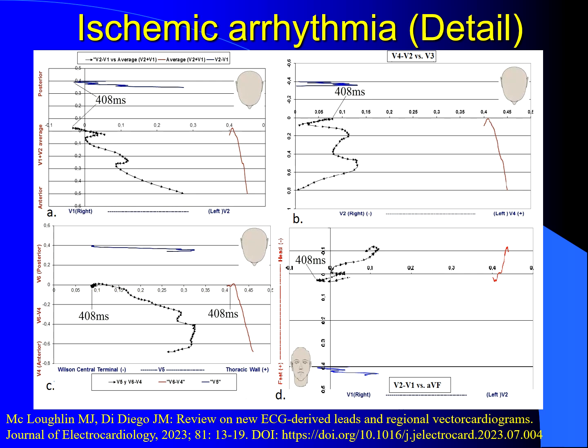The initial tracing shows the last 15 milliseconds of the normal beat prior to the arrhythmia, which begins at 408 milliseconds. In the three panels of the transverse plane, the vectors at the end of the normal beat and at the beginning of the ectopic beat are almost identical, but of opposite direction.